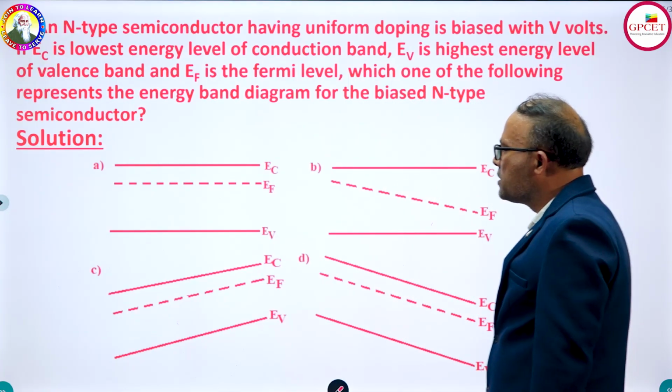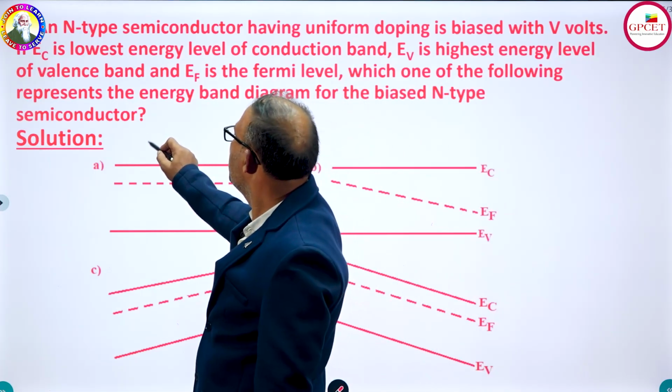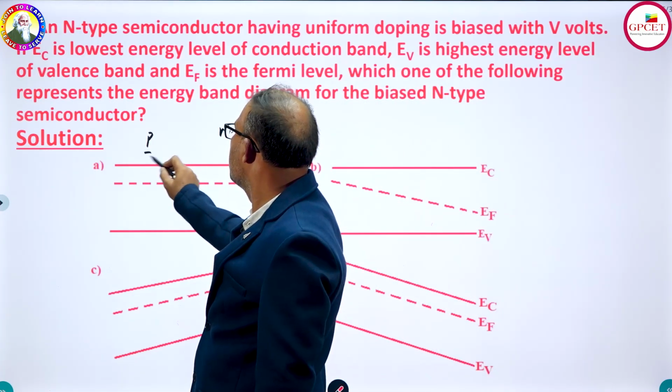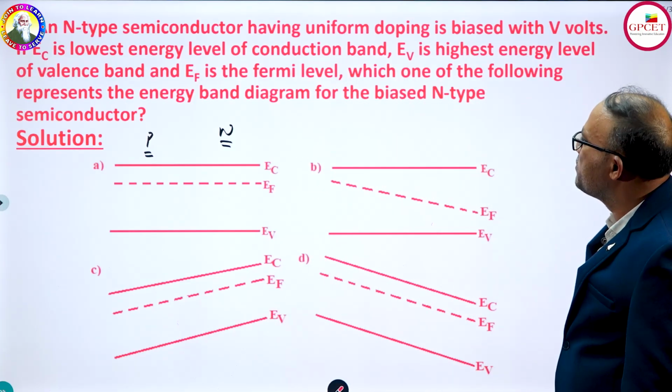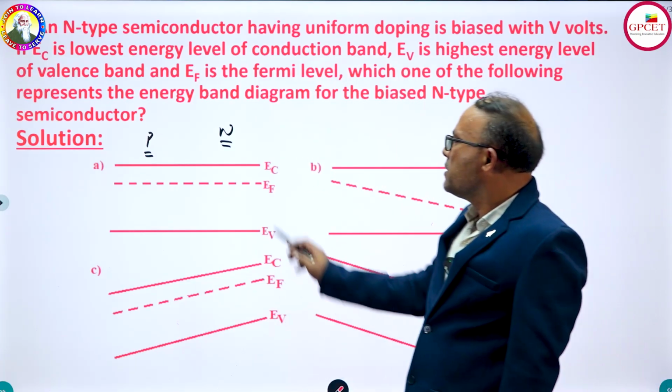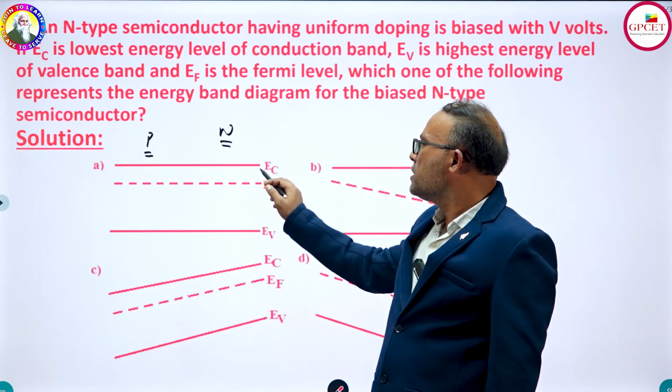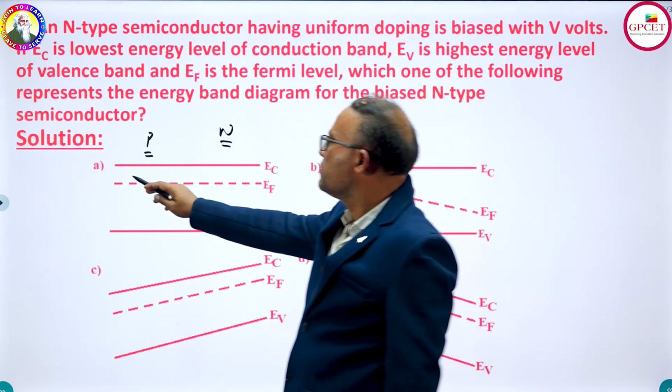But if this side is P-type and this side is N-type, which one is the biased one for the N-type semiconductor, right? Now here the Fermi level is nearer to EC, and here also nearer to EC.